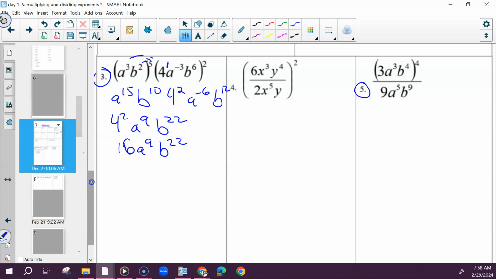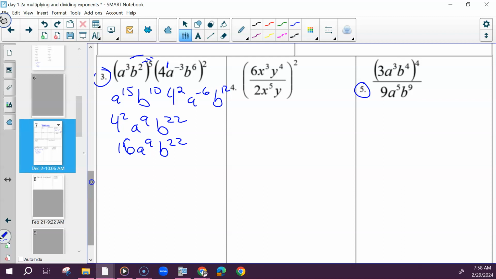Okay. Number 5. What operation do you see there? We are multiplying. We will be distributing the exponents because we're raising an exponent to another power. And we're dividing. So what should we do first? Multiply the exponents to the other exponents, yes.